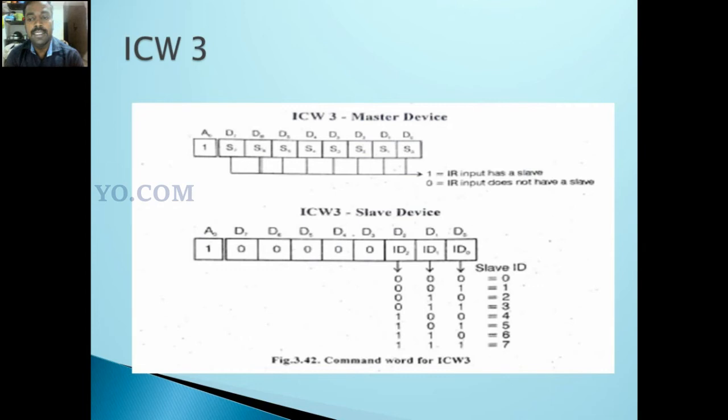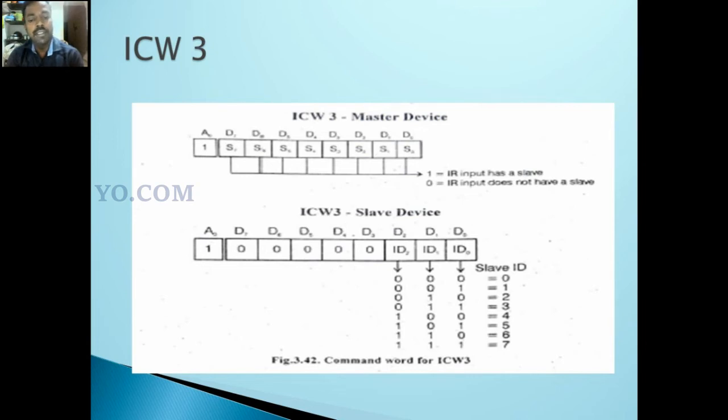Then AEOI, auto EOI. Okay, if it is 1, that is auto EOI, and if it is 0, that is normal. Okay, next one is 2 bits combined together, that is buffer and master slave. M represents master, S represents slave, BUF represents buffer.